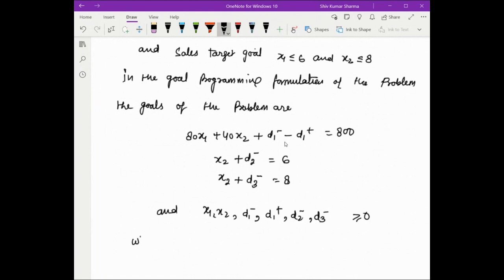Where we write D1 minus means underachievement.